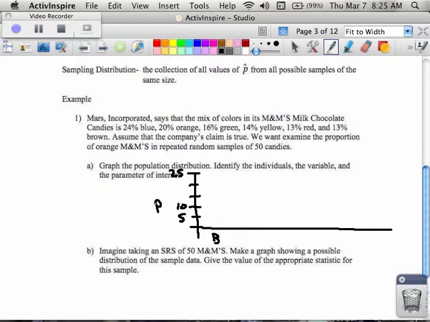So 24% were blue. 24%, that's somewhere right around here. 20% were orange. I'll write the letters down afterwards.